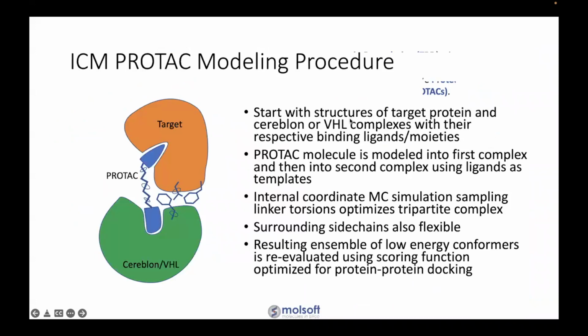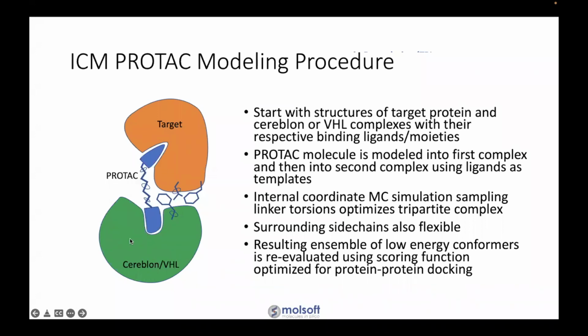So in ICM, our modeling procedure is as follows. You need to start with the target structure, ideally with a ligand already bound, maybe an inhibitor or some design. And then you have the Cereblon or VHL component, with the respective binding moieties in each.